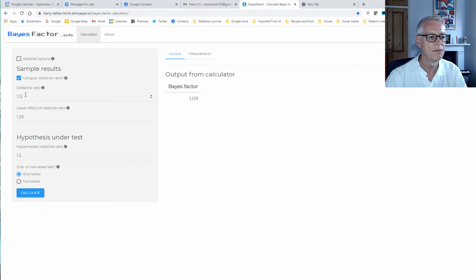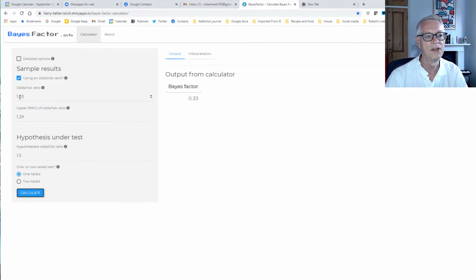Let's just mess around with the figures a bit, just to show under what circumstances that conclusion might be justified. Let's say that we'd found that the risk ratio was, let's say, 1.03, really close to 1. And let's say the upper confidence interval was the same, what would that give us?